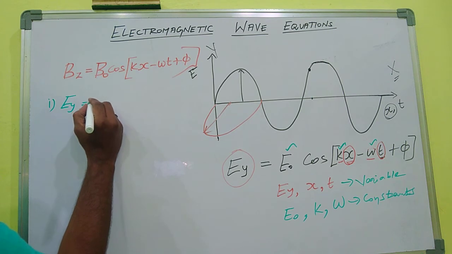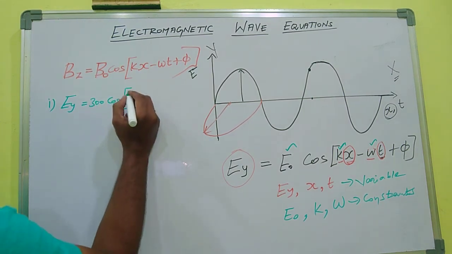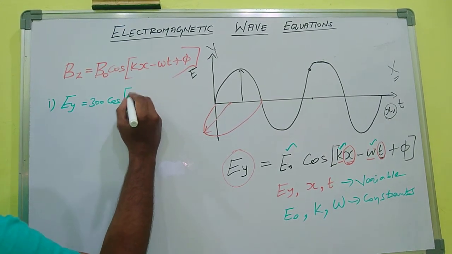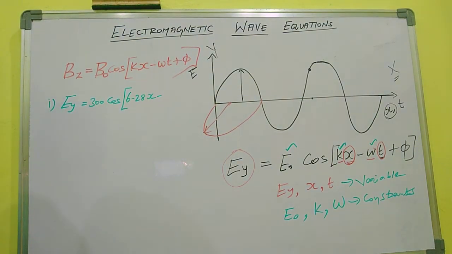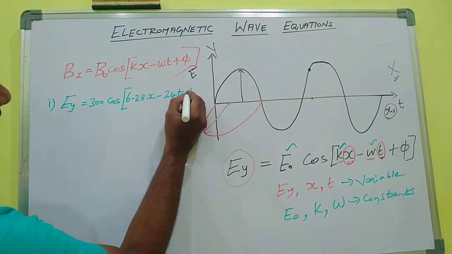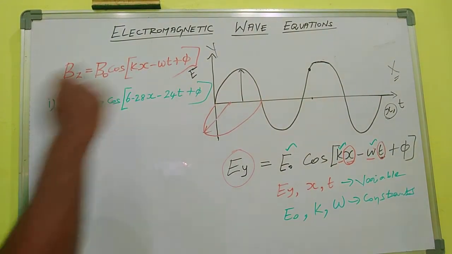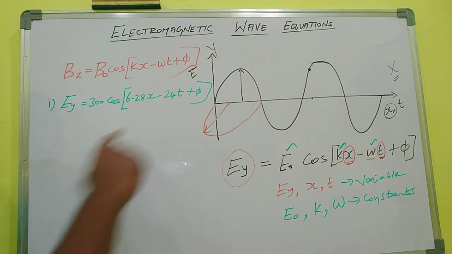If the wave equation for an electric field vector is given as Ey is equal to 300 cos(6.28x minus 24t plus 5), where k is the propagation constant 6.28 and omega is 24, what are the parameters we can find from this equation?